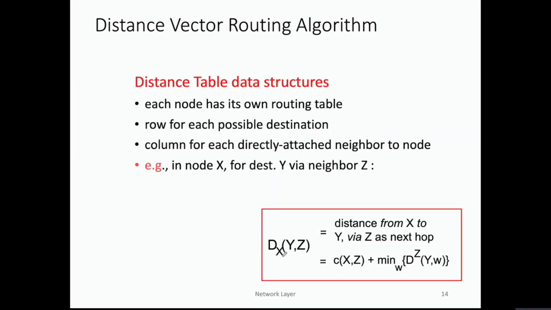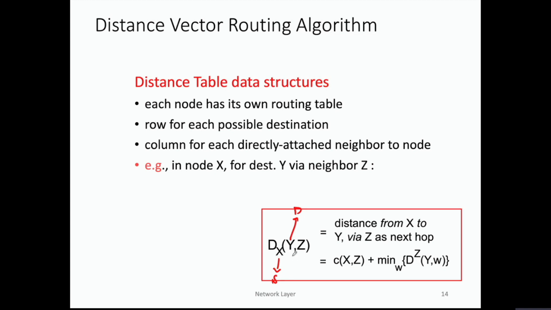So let's try to expand this notation, since we have seen that in order to reach from this source x, this is the source, remember, to destination y, the important factor is the neighbor, right?